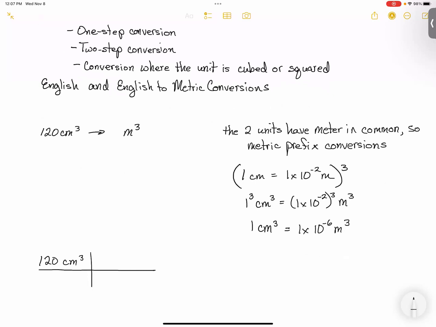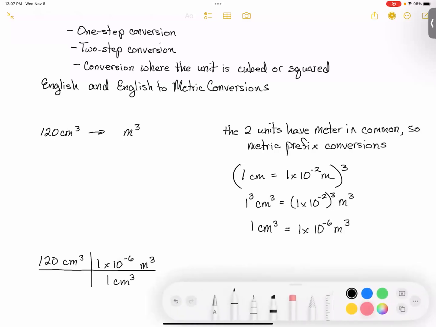For my conversion factor, I'm going to use the centimeter cubed portion in the denominator and the meter cubed in the numerator, so that the units cancel out, leaving me meters cubed.